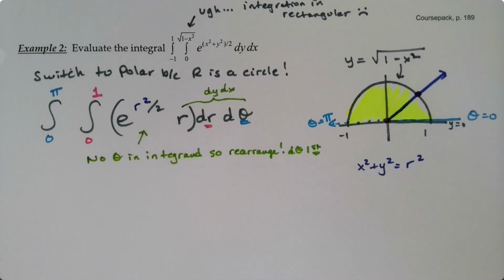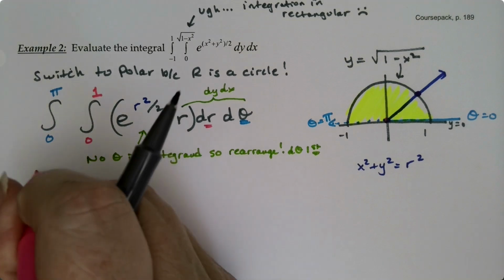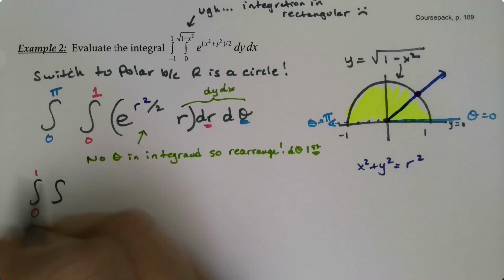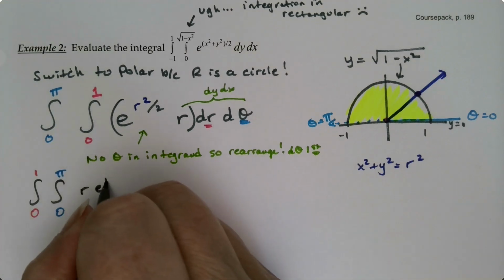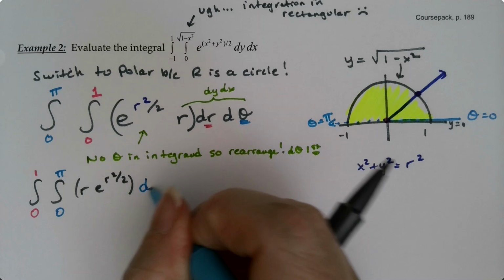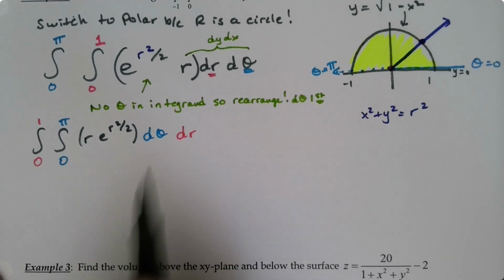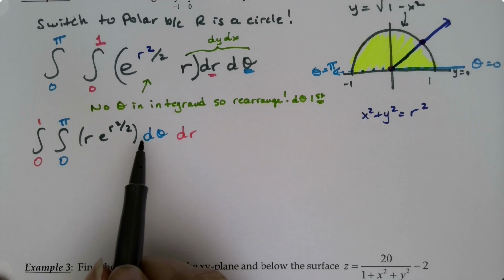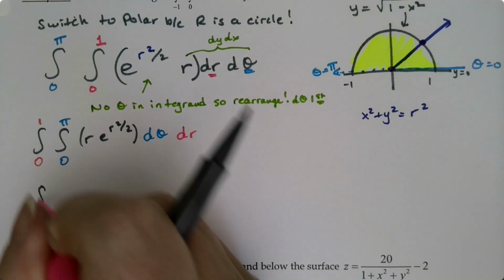Okay, so let me rearrange it. So instead of going 0 to pi, I'm going to go 0 to 1. And then I'm going to go 0 to pi. And then I'm going to say r times e to the r squared over 2. And then I'm going to say d theta dr. Why did I do that? Well, because the integral of this with respect to theta is the whole thing times theta. It doesn't get much easier than that.